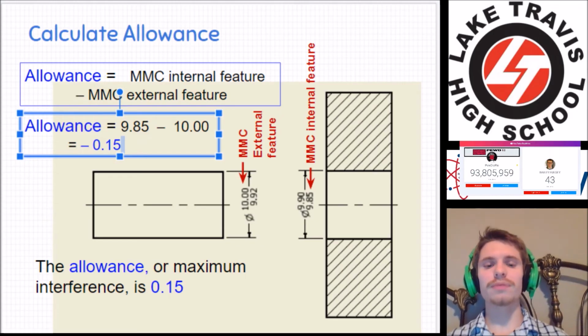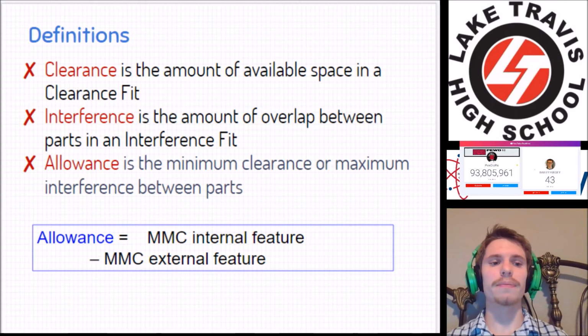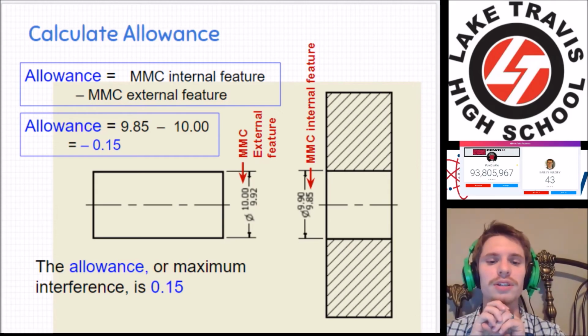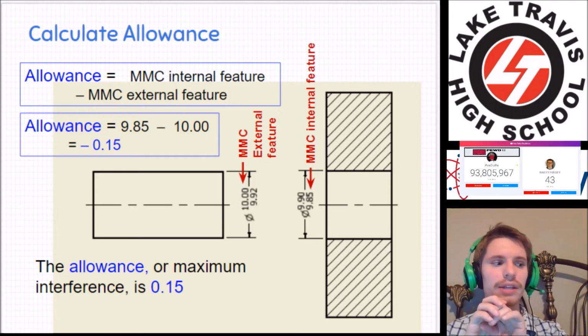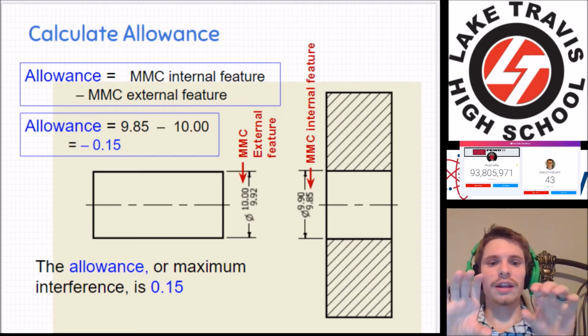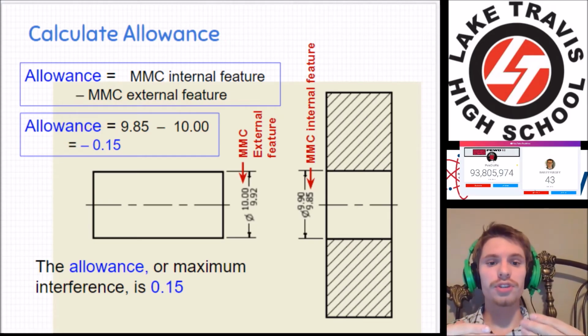So allowance is important because the definition of allowance is minimum clearance or maximum interference, which is that MMC condition. And that's going to be important because that will tell us if, according to our tolerances, we will ever get two parts that won't fit.